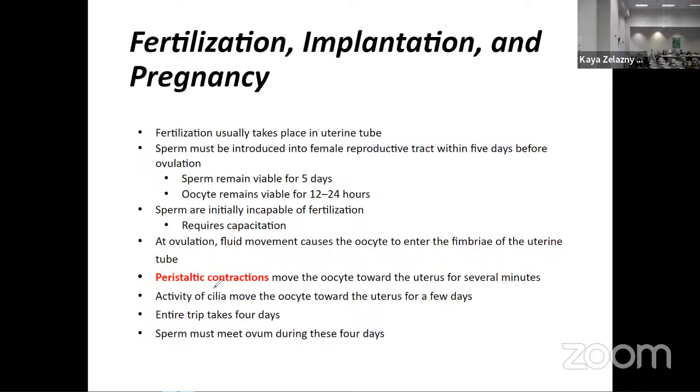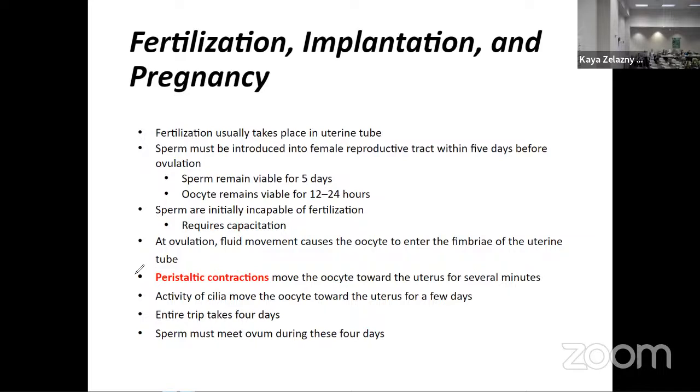Okay. So that process has to do with peristaltic contractions a little bit. So we have the oocyte moving towards the uterus for a little bit as those uterine tubes contract, kind of move everything forward. And then we start to have cilia, so ciliated cells, little hair cells that can move the oocyte towards the uterus continuously until it eventually gets to the uterus after a couple days.